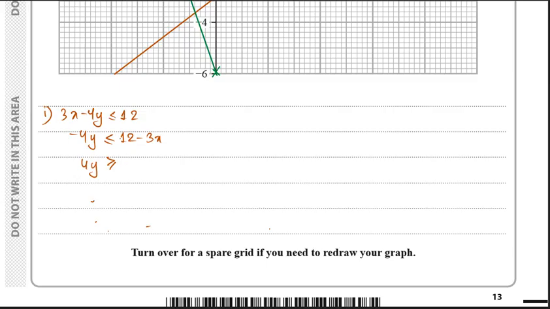So this is going to be negative 12 plus positive 3x. So multiplying it with a negative sign here, positive 12 becomes negative 12, and the negative 3x becomes positive 3x. So this is negative 12 plus 3x. So y is equal to minus 12 plus 3 by 4x.